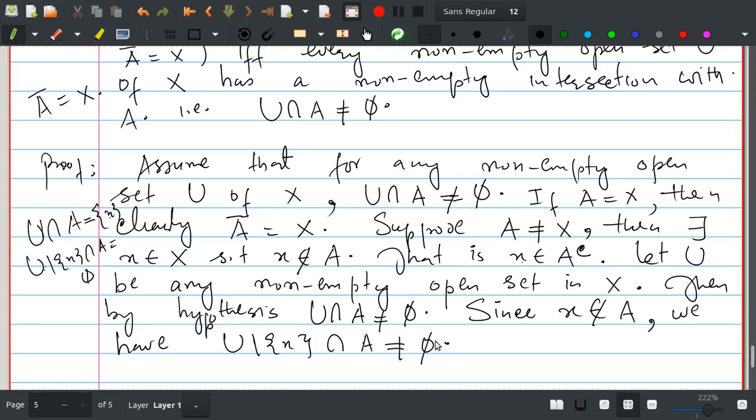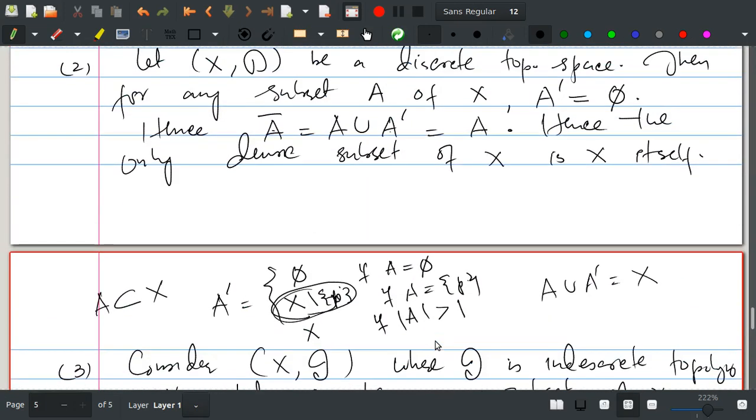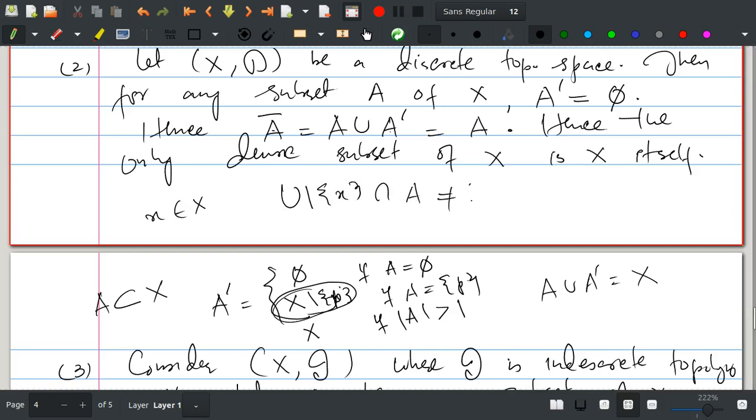Now if you remember the definition of a limit point of a set, we mean a point x in X is a limit point of A if any open set U containing x has this property, that U minus x intersection with A is non-empty.